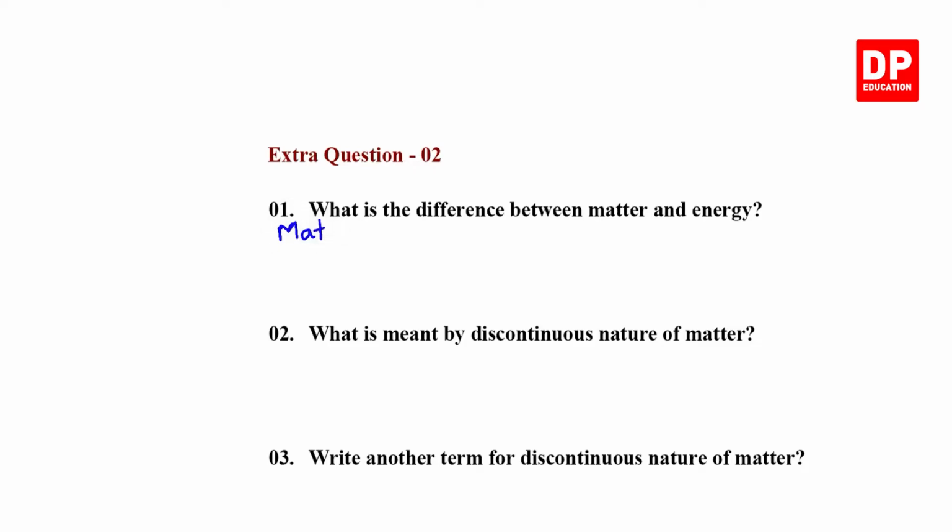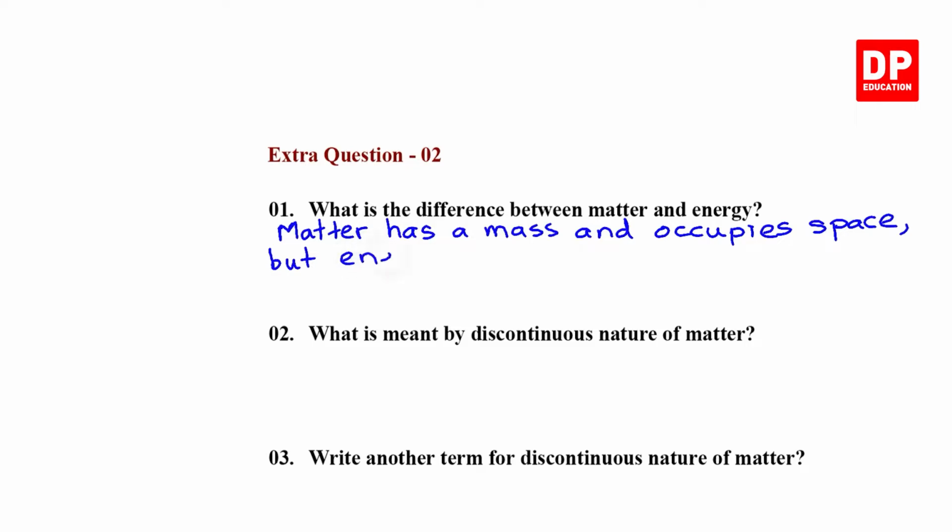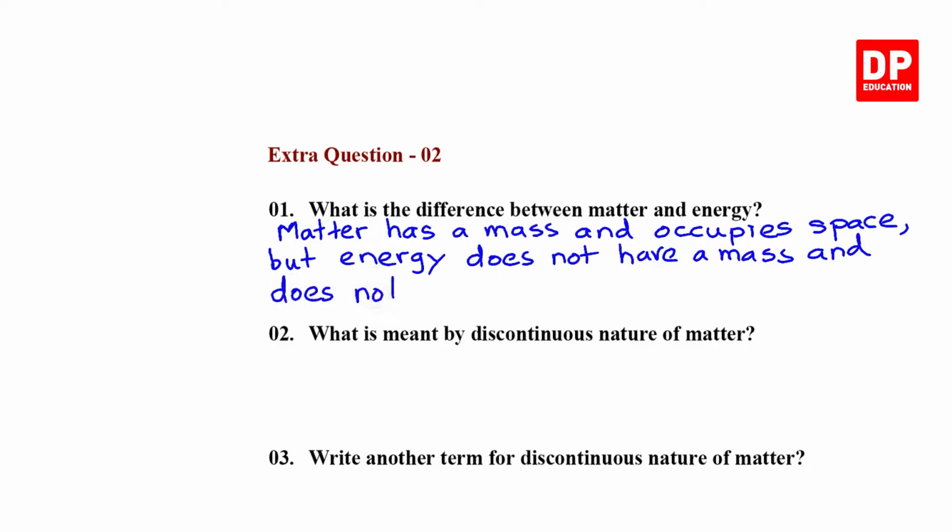Matter has a mass and occupies space, but energy does not have a mass and does not occupy space.